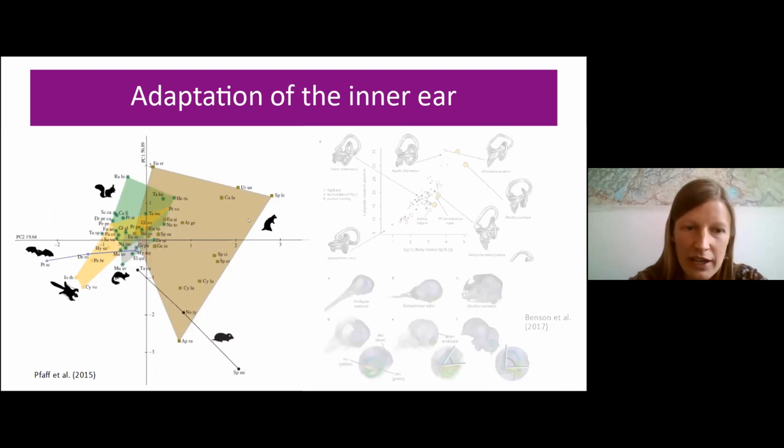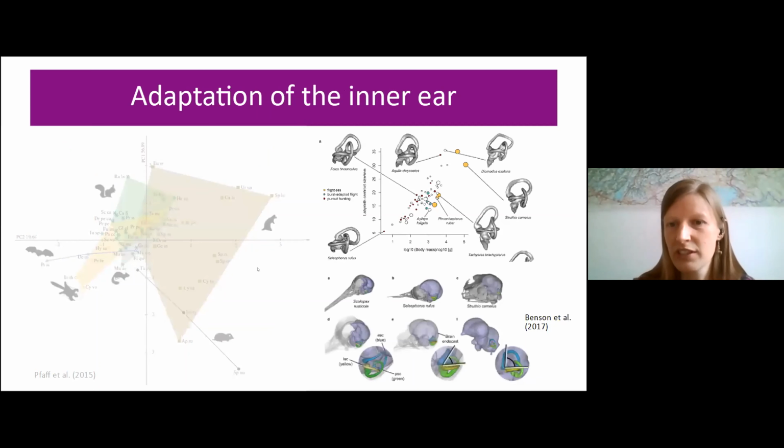For example, in squirrel-related rodents, you have different shapes between flying species, flying squirrels, subterranean species, arboreal species, and terrestrial species. So you have some separation.